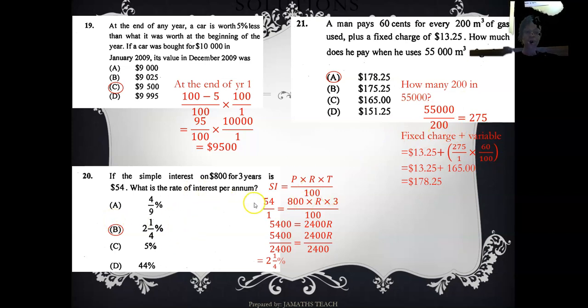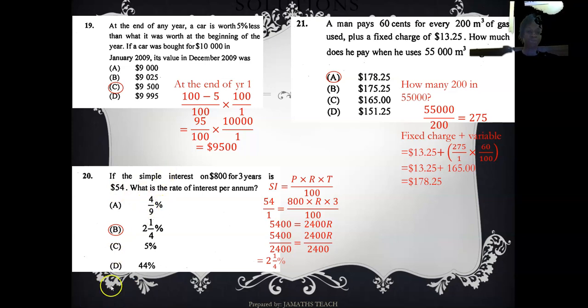Alright, so the formula for simple interest is the principal times the rate times time over 100. So what we do is substitute for what we have. Remember to read these questions carefully. They told you that the simple interest is $54.